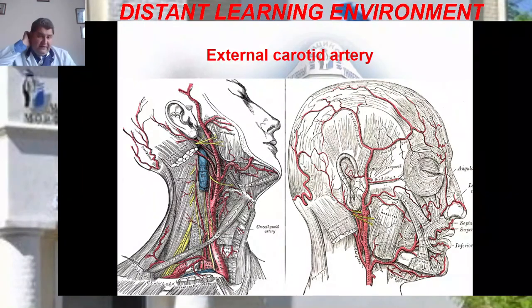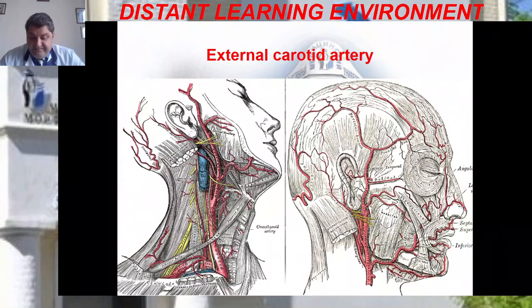The external carotid artery supplies blood to the external part of the head and neck, distinct from the internal carotid artery, which penetrates into the cavity of the skull. And you know that the internal carotid artery goes to the carotid canal of the temporal bone.